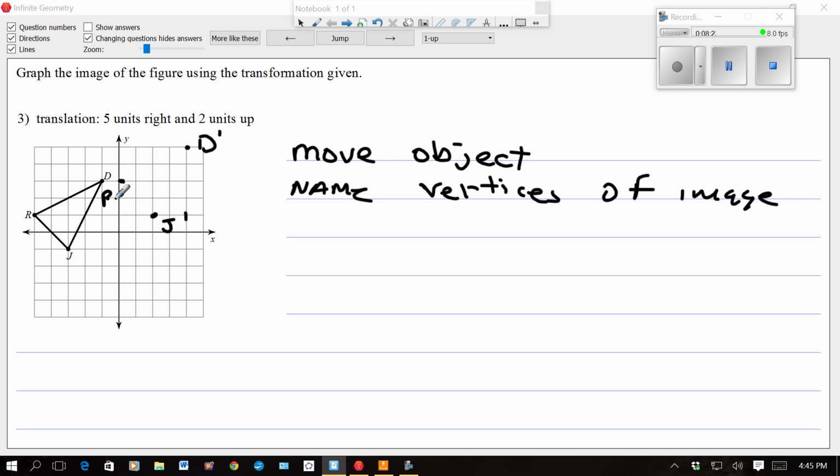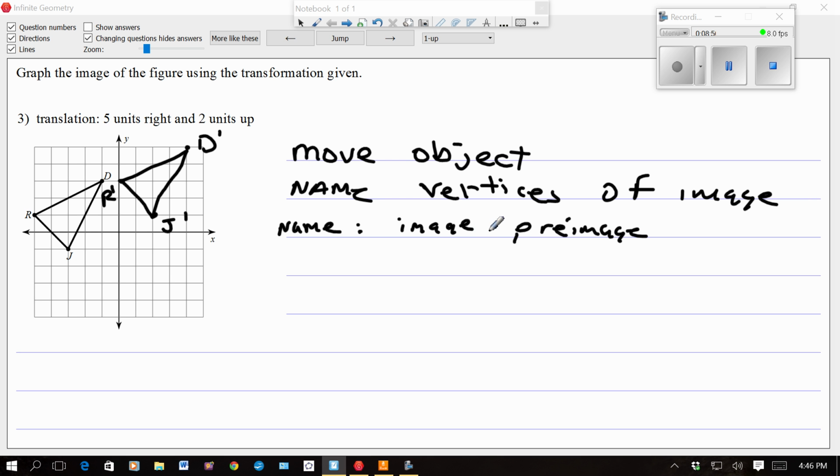There's R prime. Now I want you to tell me which one of these is your image and which one is your pre-image. So name your image and also name your pre-image.